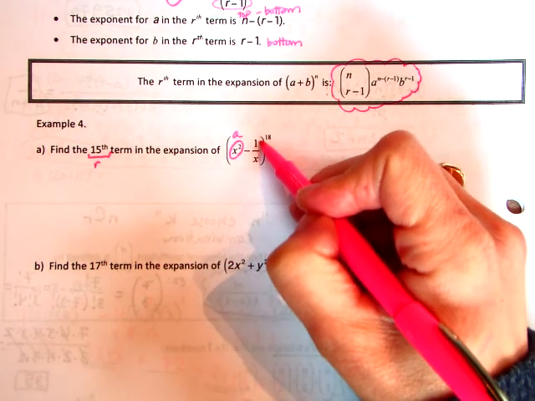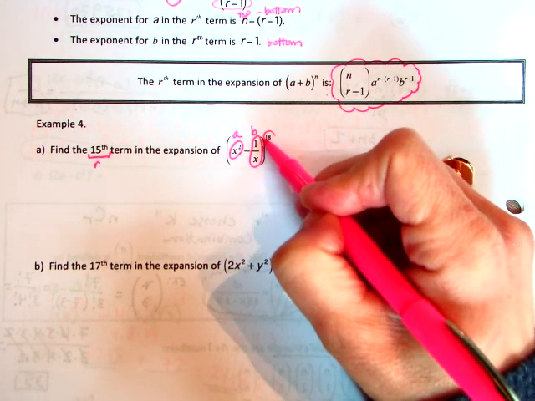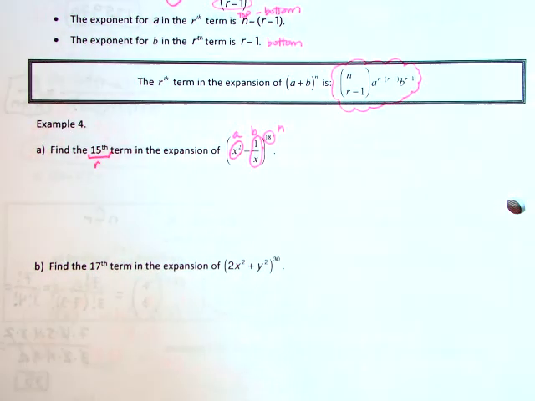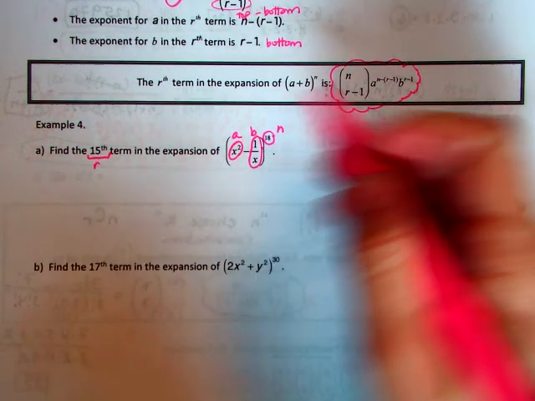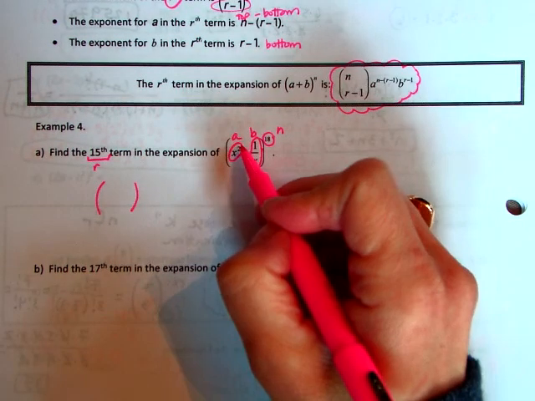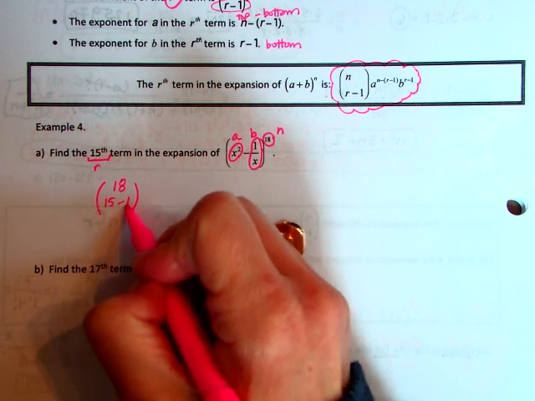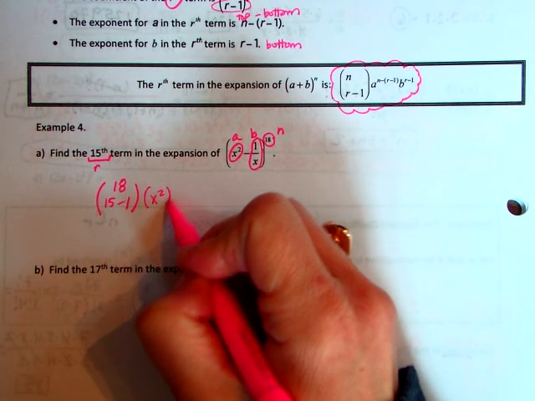So the 15th term is n choose r minus 1. Let's go through and do it. n is just 18. r was 15, so it's n choose r minus 1. And then it's a, which was x squared, raised to the n minus the quantity r minus 1. Well, n is 18 minus the quantity r minus 1, which was 15 minus 1.